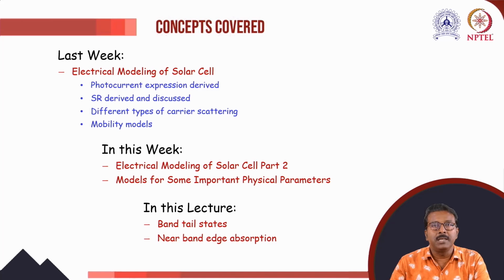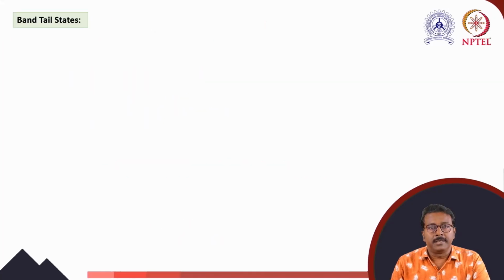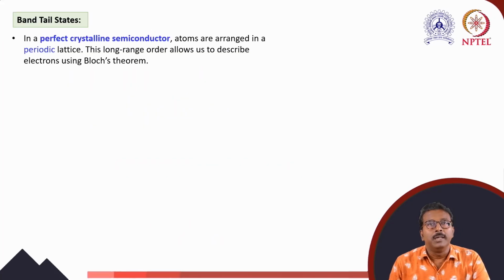But in this first lecture, we will focus on band tail states in an amorphous semiconductor material. And also the near band edge absorption will be discussed in this lecture. The band tail states. We know in a perfect crystalline semiconductor, atoms are arranged in a perfectly periodic lattice structure.